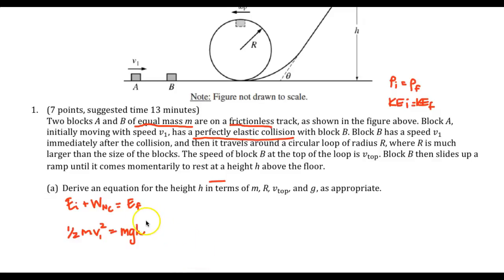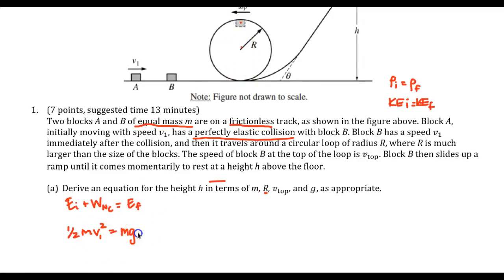And so now I can solve this. But notice when I solve this, I'm going to get some v1 squared, aren't I? I can't have v1 in my answer. So I have to think about something else here. Notice that I can use r. And here's r. Notice that the height at this point here is equal to 2r.